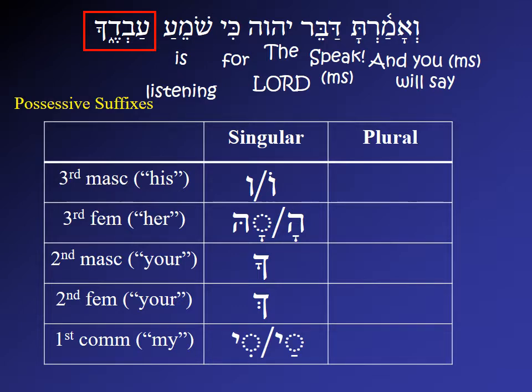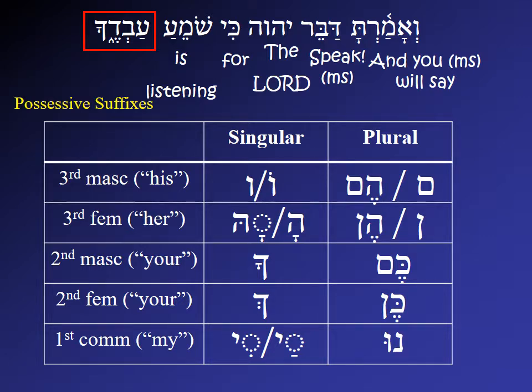First common singular, either i or yod. Plural forms, hem or just mem. Feminine, hen or just nun. Second masculine plural, khem. Second feminine plural, khen. First common plural, nu. Our form in avdecha is kha, second masculine singular possessive suffix.